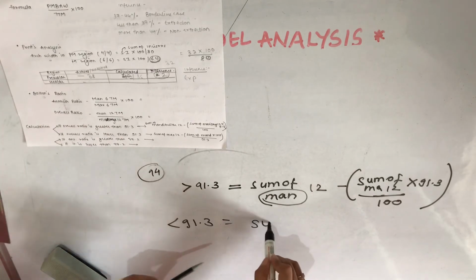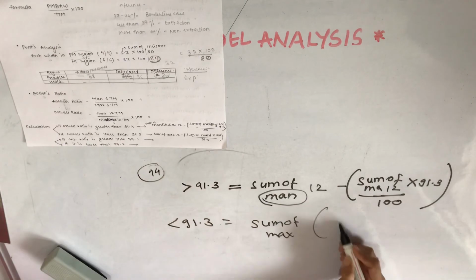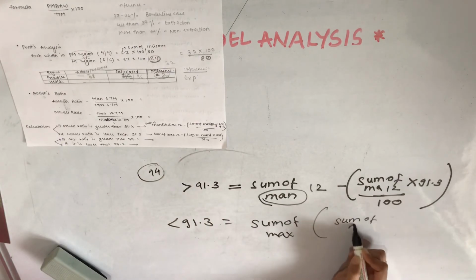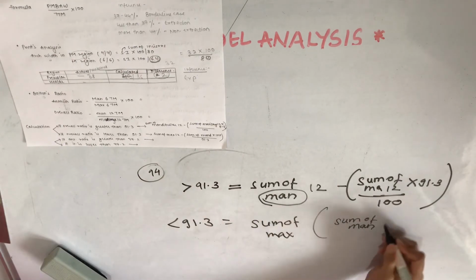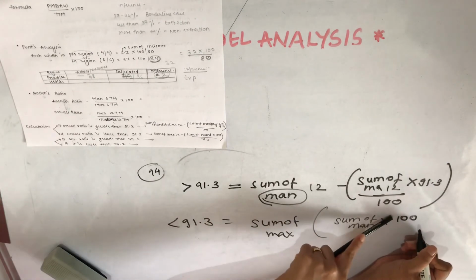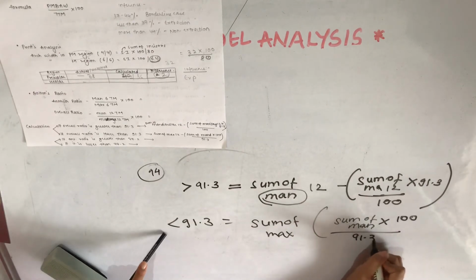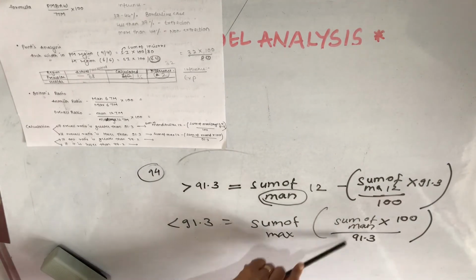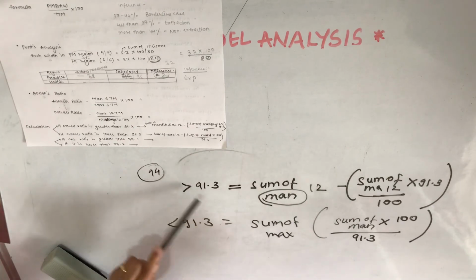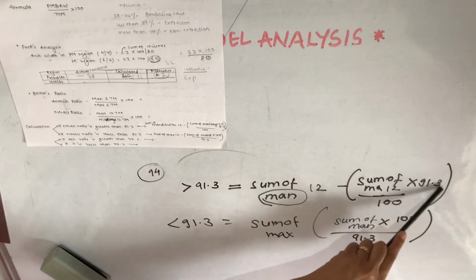So in that case you take the maxillary out of the bracket. Then this is sum of mandible. But in this you have to remember, if it is less than 100, it is coming in the numerator, and your 91.3 is going in the denominator. So this is the difference in both of these formulas. If it is more than 91.3, your 91.3 is coming in the numerator.